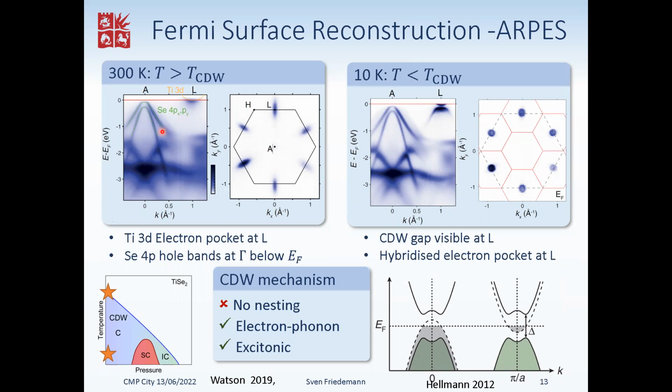Could you review again, sorry, I didn't quite understand, how you would tell the difference between a CDW that's electron-phonon compared to excitonic? Do you have to do ARPES to do that, or is there some other way? So far the best way, and that's what Hellman, for instance, did, is to look at the response times of the melting of the charge density wave.